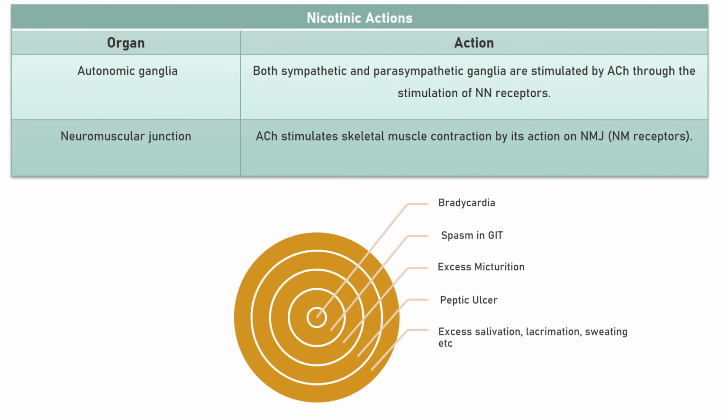Now moving ahead to the nicotinic actions. In the autonomic ganglia, the NN receptors are present. As I explained, both the sympathetic and the parasympathetic ganglia will be stimulated by acetylcholine through NN receptors.